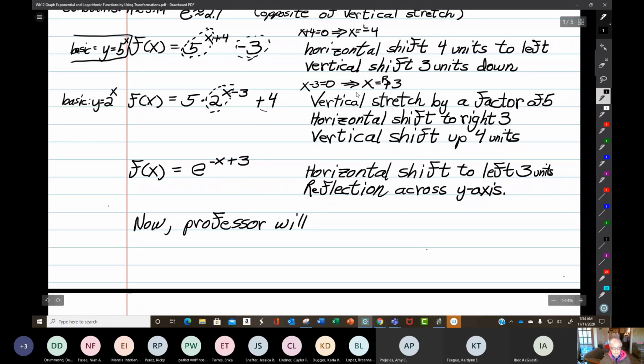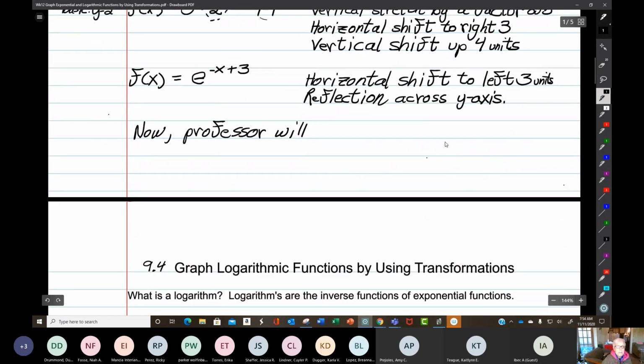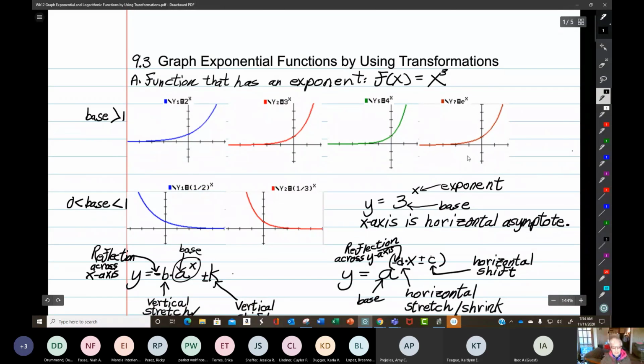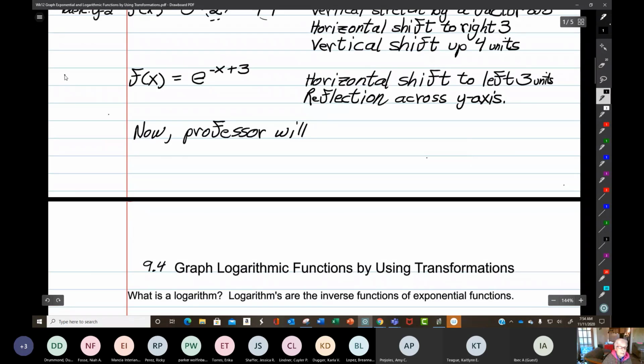And finally, the basic function is y equals e to the x, which is graphed up here. Now, that negative sign in front of the x is a reflection across the y-axis.